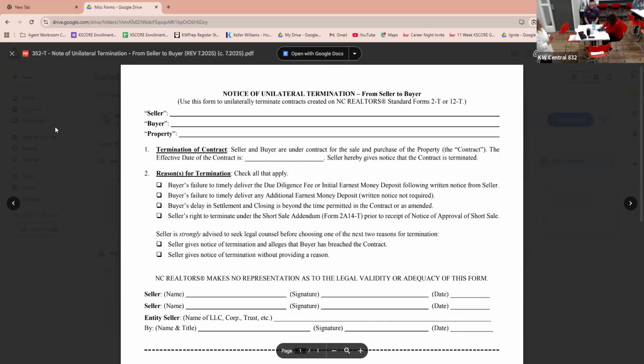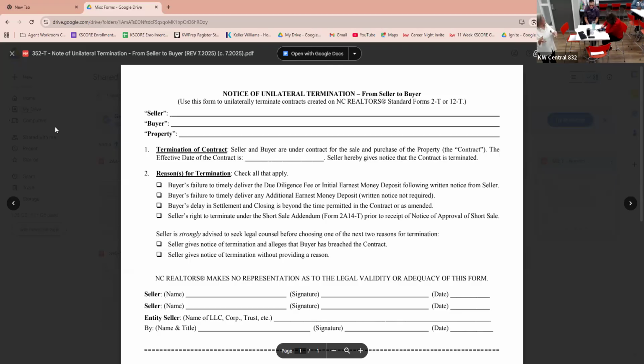That's not something that we can decide or settle. If they are strong about that, then they need to contact an attorney because that's a lawsuit. Seller gives notice of termination without providing a reason. Oh, I just changed my mind. Again, they would want to consult an attorney.